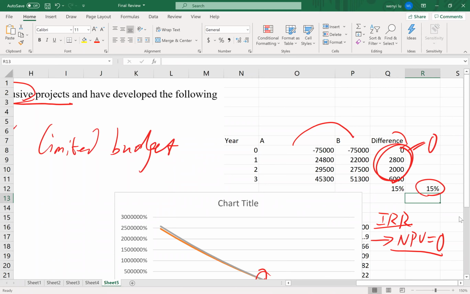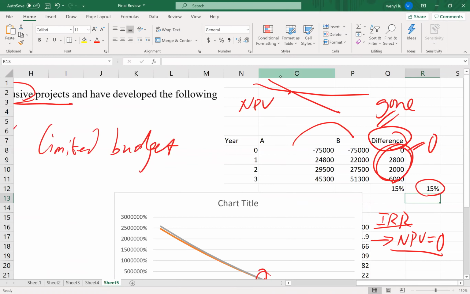So it means you want to make the difference gone. If there's no difference between the two cash flows, it means these two curves intersect. They have the same NPVs. So that's the intuition behind this calculation step.